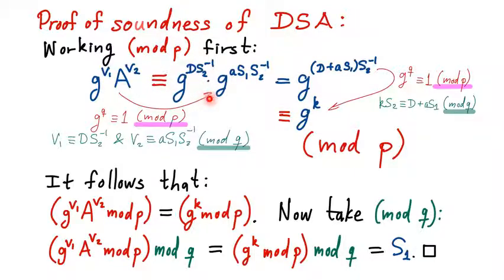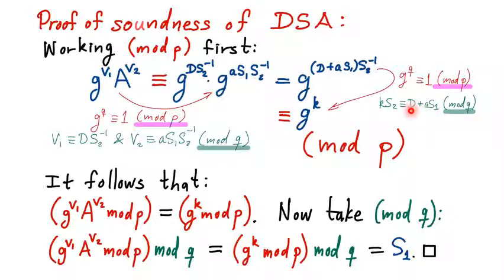Now continuing, I'm just going to use the laws of exponents here to combine the product of these two powers as G raised to the power D plus A S1, the whole thing divided by S2. But remember that S2 is defined as D plus A S1 divided by K. So this is modulo Q. So K times S2 is D plus A S1, correct?